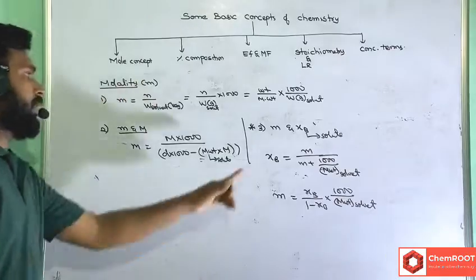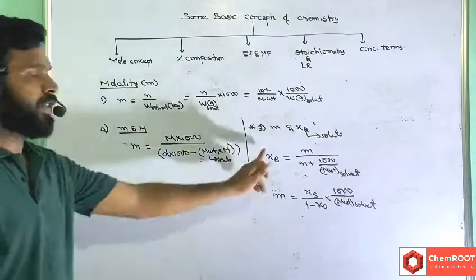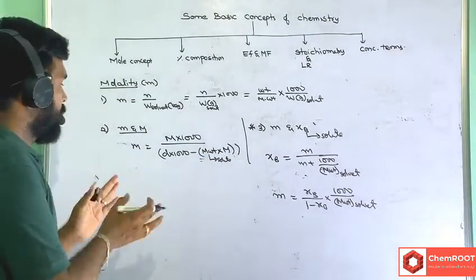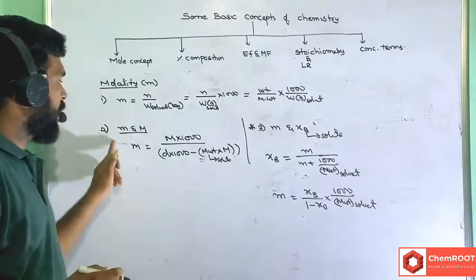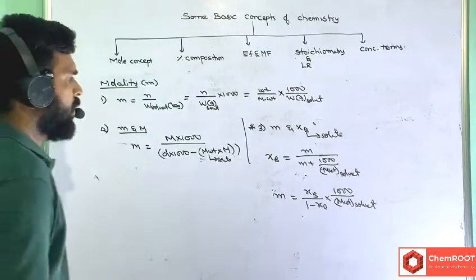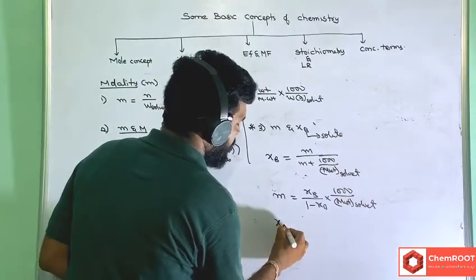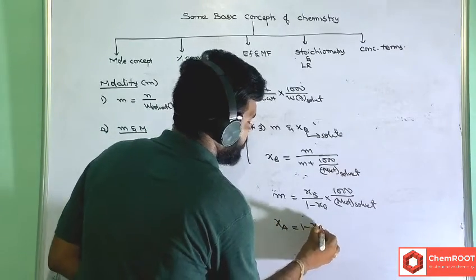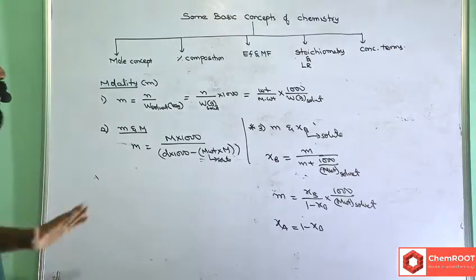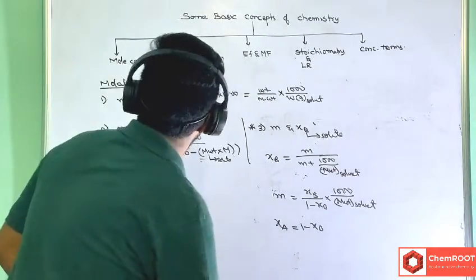So these two relations are very important in examinations. If we want to find the mole fraction of solvent, it is 1 minus x, so we can easily find it. So these are the concentration terms.